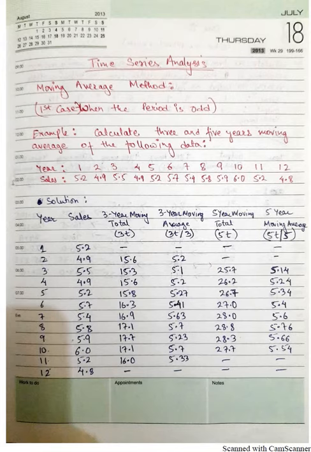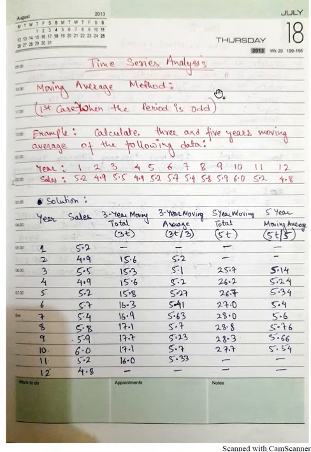You will basically be asked to find the moving average for either 3 years or 5 years when it comes to odd number of years, and maximum it could be 7 years. So you can use the same method to find the moving average for odd number of period.